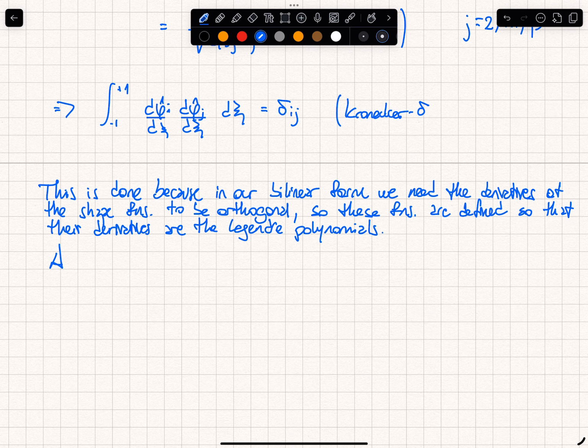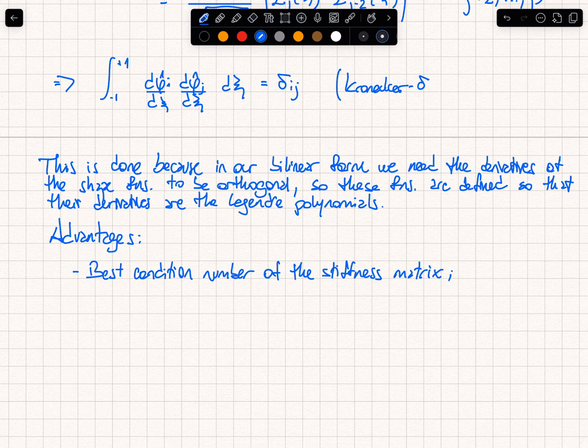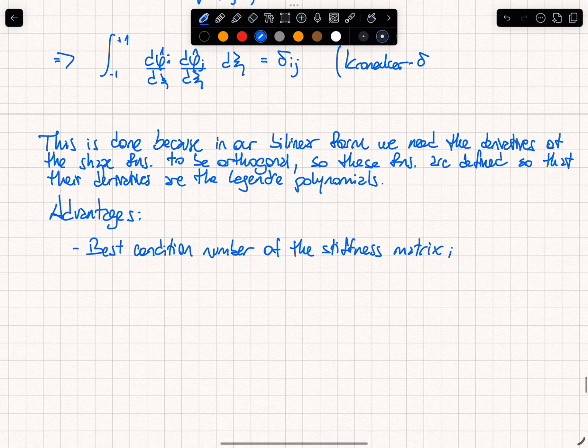So obviously we talked a little bit about this, and one main advantage is that we get the best condition number. Actually in the project you're going to look into this. If you recall, in the first exercise at some point I asked you to compute the condition number of both h-FEM and p-FEM and see how that behaves, and you will find something remarkable.